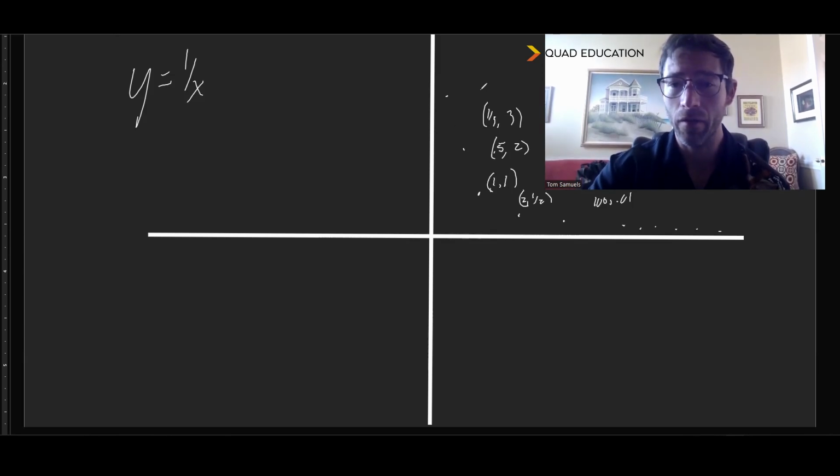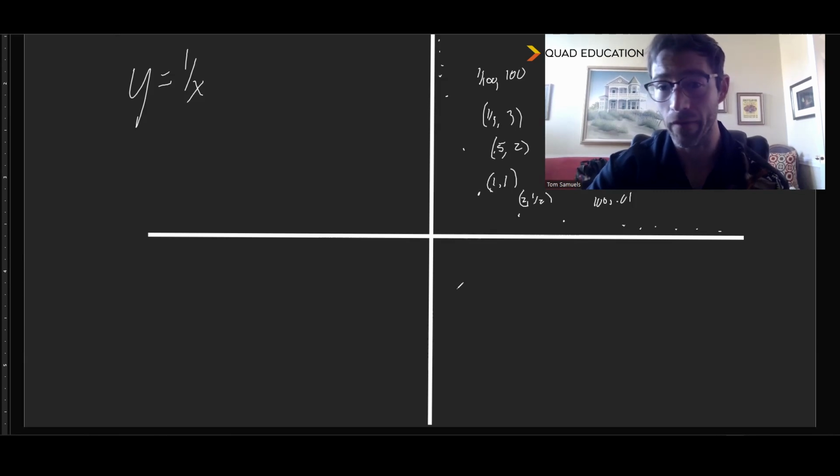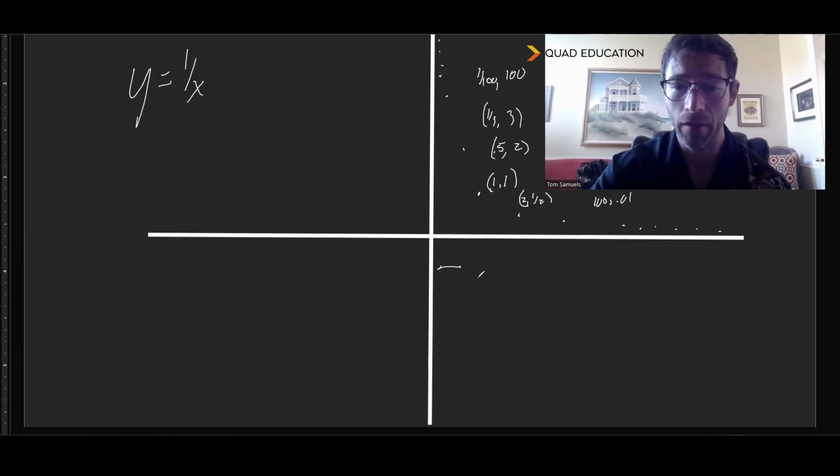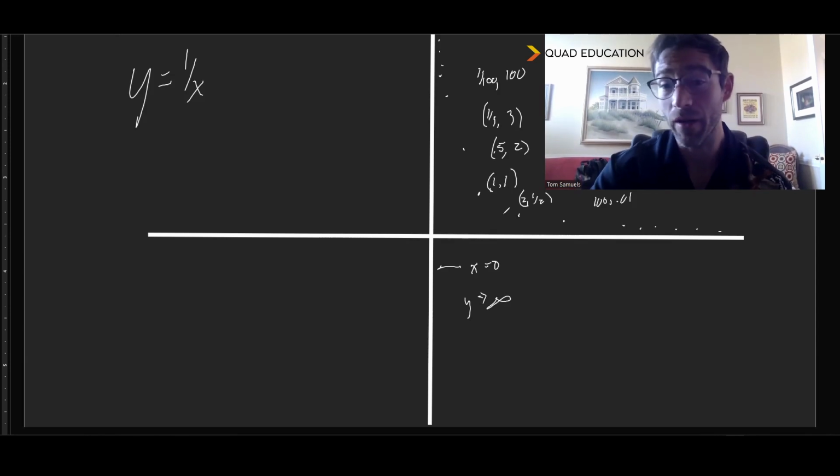And then if we even go to something ridiculous like 1/100th, well, then our output value is going to be 100. So as we approach 0, this is limits if you've done this, as we're approaching the x of 0, our y value is approaching infinity because it just keeps getting bigger and bigger.